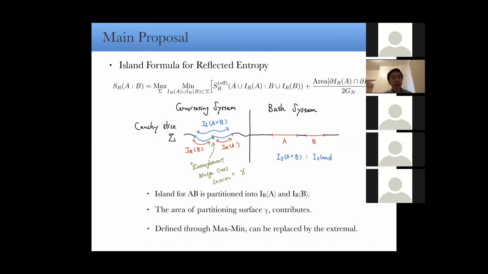Then what this proposed formula says is that the reflected entropy can be computed by the reflected entropy of effective field theory between two subsystems. And these new subsystems are A∪IR_A and B∪IR_B.